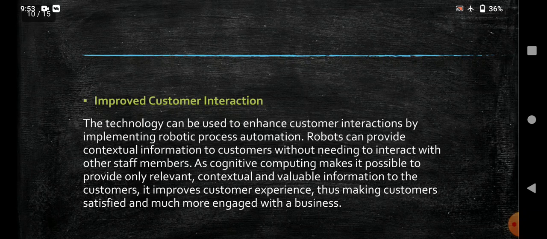Robots can provide information to the customers without any interaction with the staff members, and computing also makes it possible to provide only relevant and valuable information to the customers. While providing valuable and relevant information to the customers, it improves the customer experience, making the customers satisfied and much more engaged with the business.